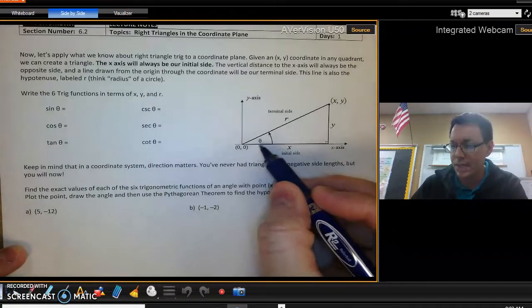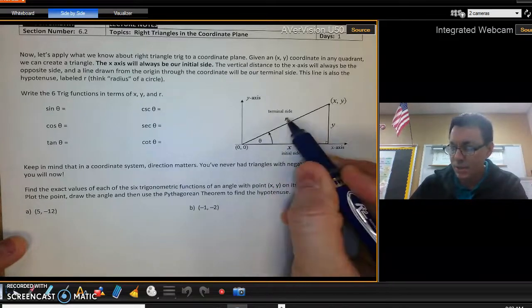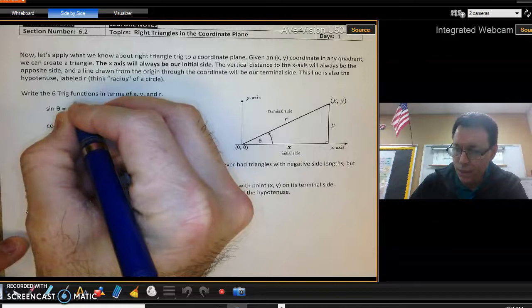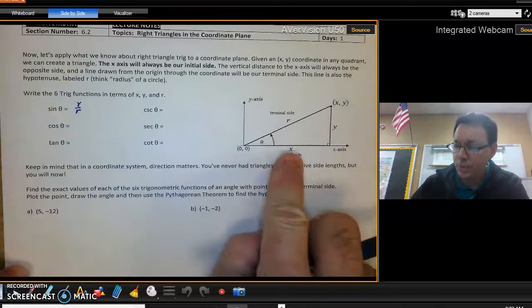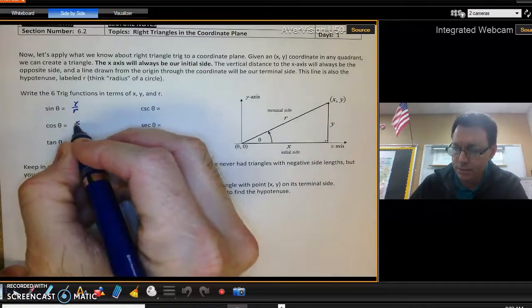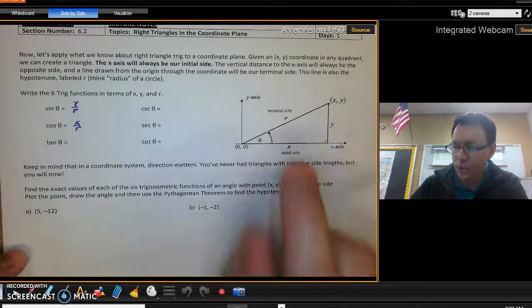First off, sine. Here's my angle, theta. Sine is opposite over the hypotenuse, so y over r. Cosine will be x over r. And the tangent would be y over x.